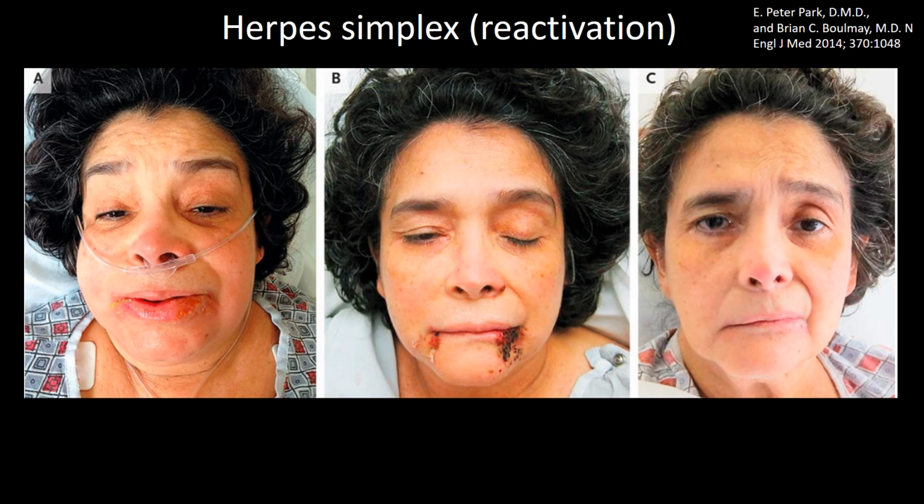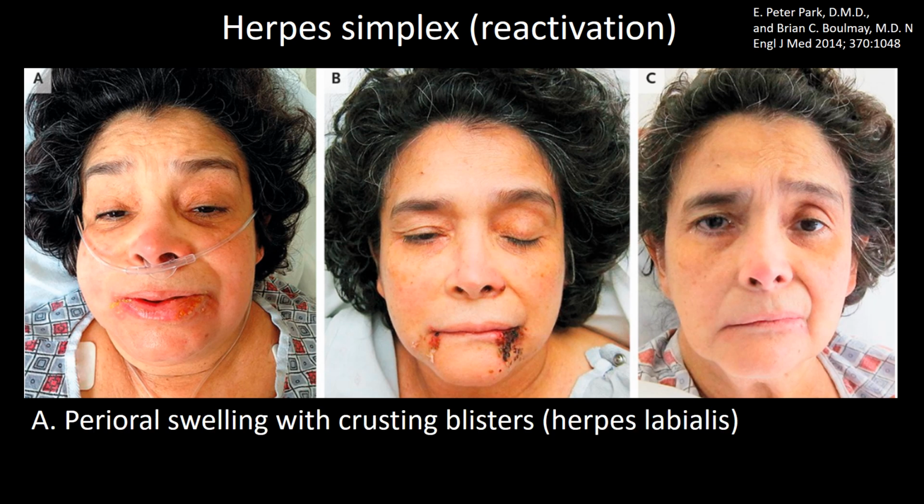1. Probably the most common cause of peripheral facial palsy is reactivation of herpes simplex. In this frame, you can see 3 photographs of the same patient. In the first photograph, you can see perioral swelling with crusting blisters around the lower lip.